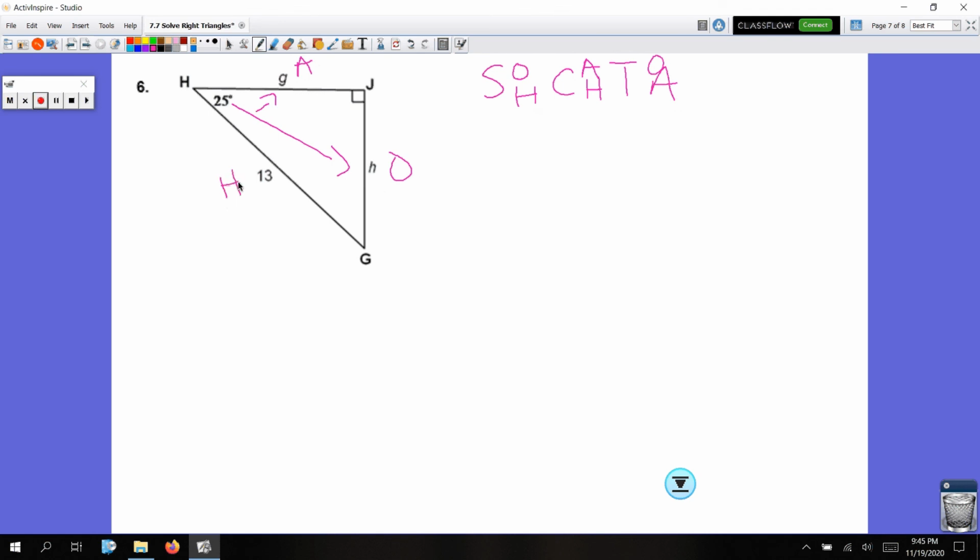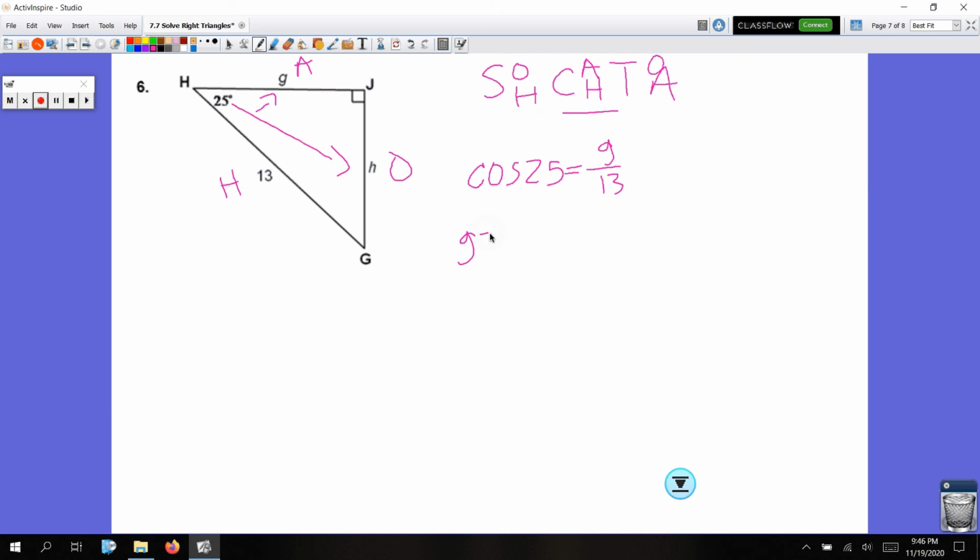So again, you get to choose. You want to find G or H first? Whatever, just pick one, okay? So let's go with G. So I want to find G, that's adjacent. I have the hypotenuse. I have to use cosine. So cosine 25 is G over 13.